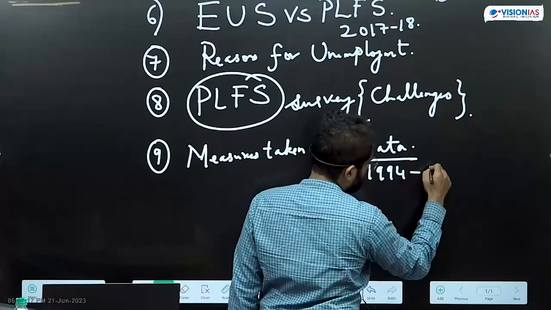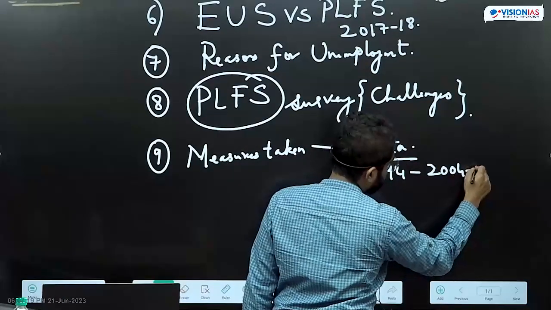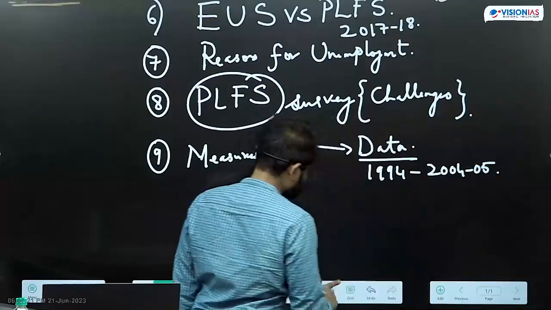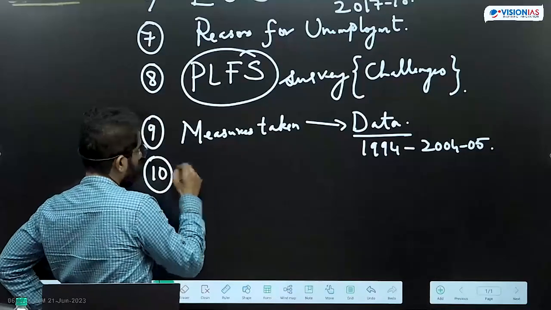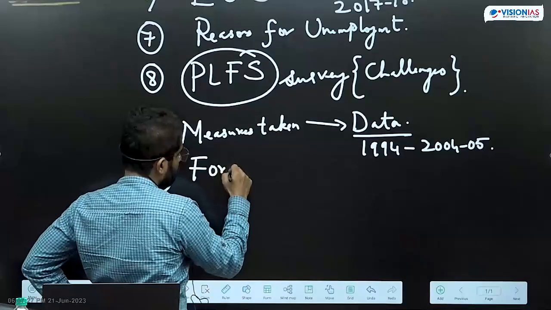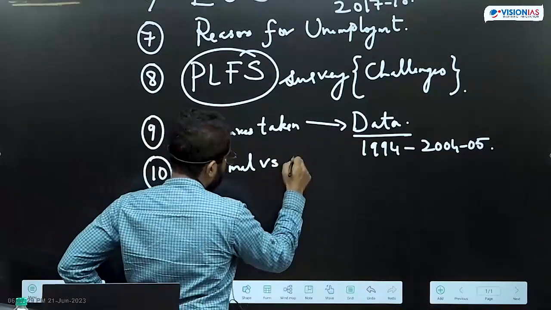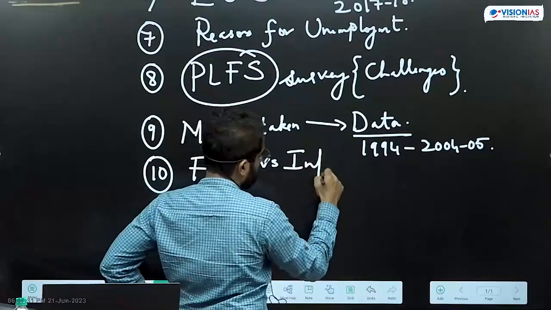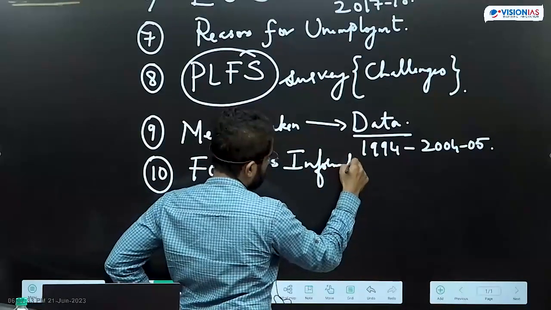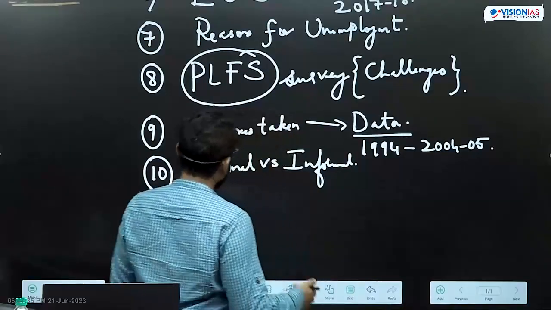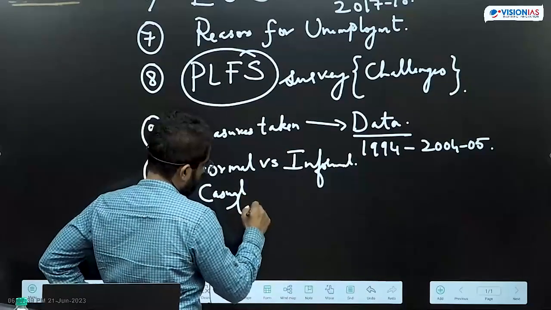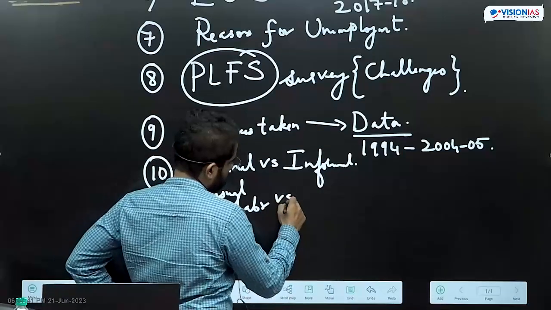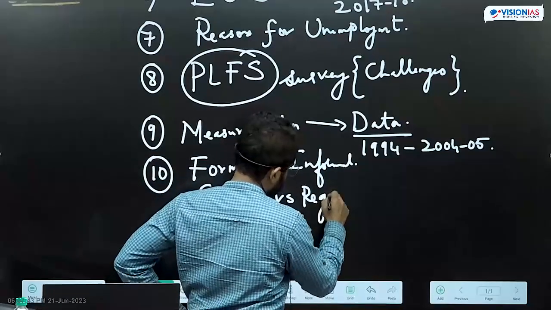Data from 1994 to 2004-5. And then formal versus informal, casual labor versus regular worker.